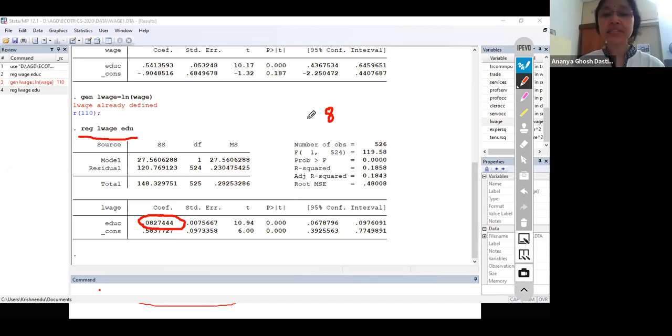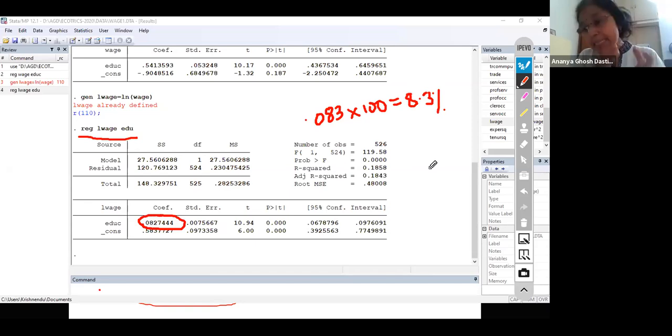That is, wages increase by 0.083 times 100, that's equal to about 8.3%. Why is this happening? I'll just take you there in a bit. Now, this is a constant percentage effect model.